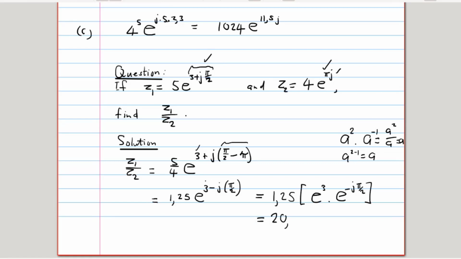So I've just split this up because the bases are the same. And when I multiply 1,25 by e cubed on my calculator, I get roughly 20,086, to 3 decimals. And then I keep my angle part.